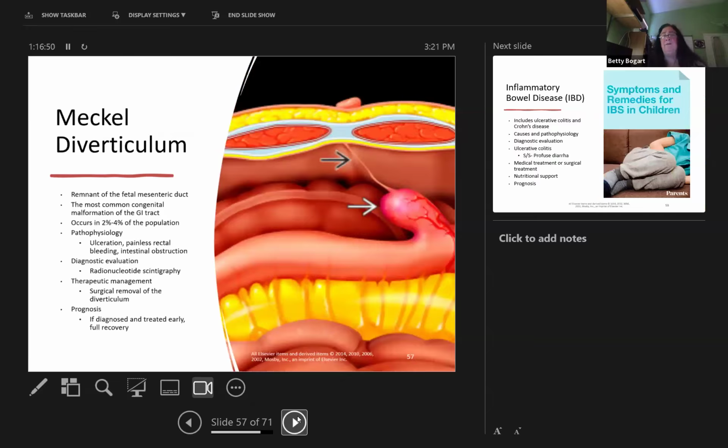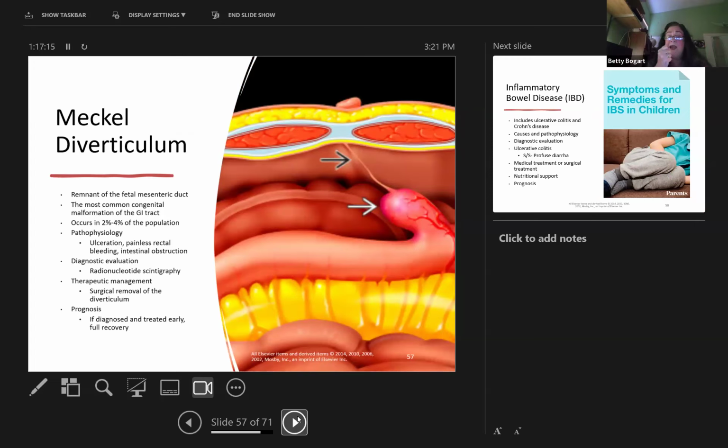A Meckel diverticulum. This is in the small intestines, and it's a little piece of tissue that sticks out and it rips. The problem with it is the tissue in there is highly vascular, right? Small intestines, what does it do? It absorbs all the food, all the nutrients. So this little tab that comes out has a big blood vessel in it.